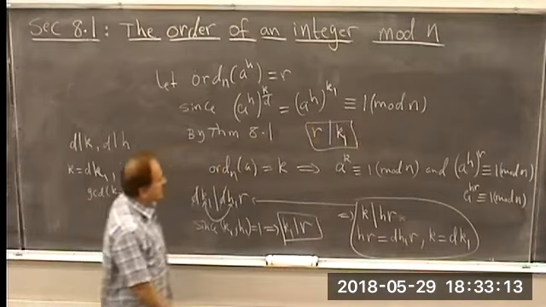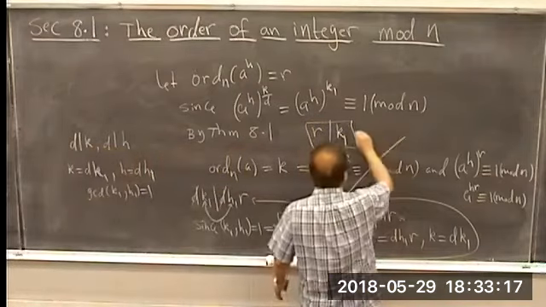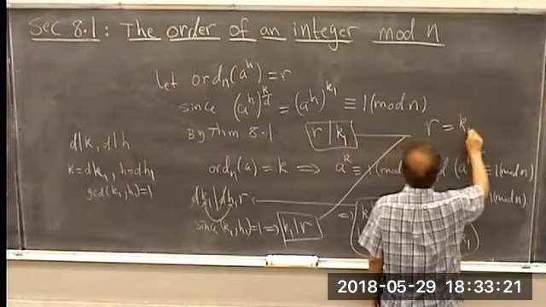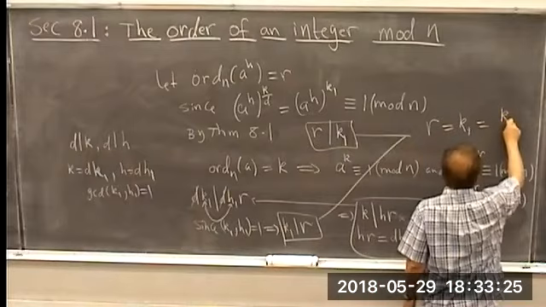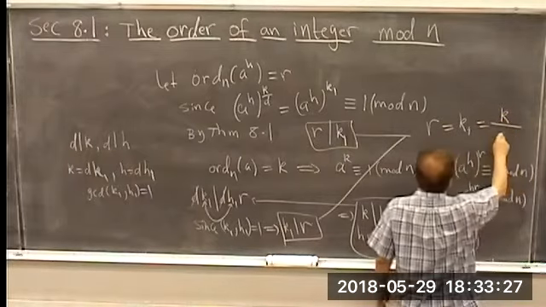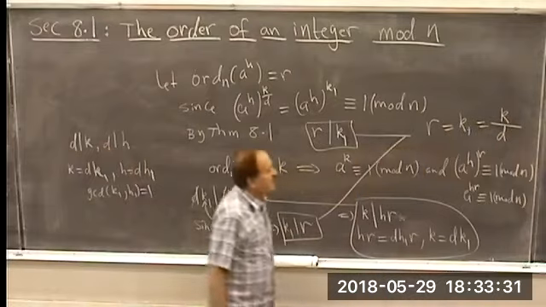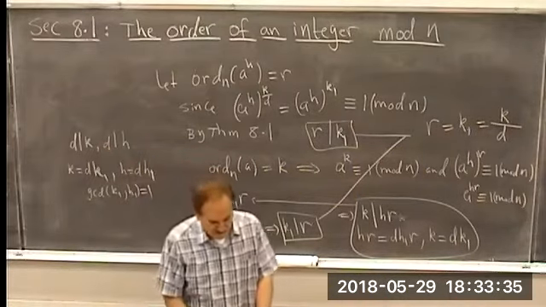These two imply that R must equal K1. And remember what this K1 is equal to: K over the greatest common divisor of H and K. And this actually finishes the proof.